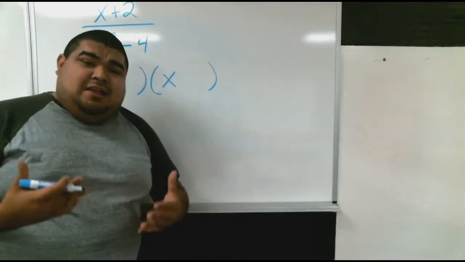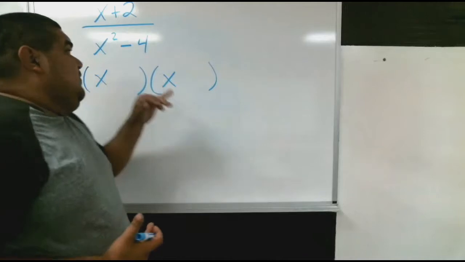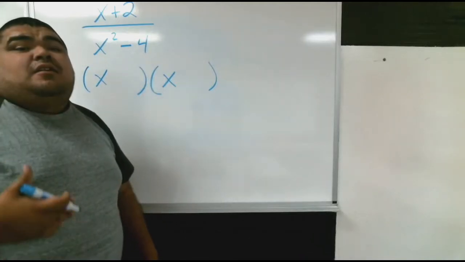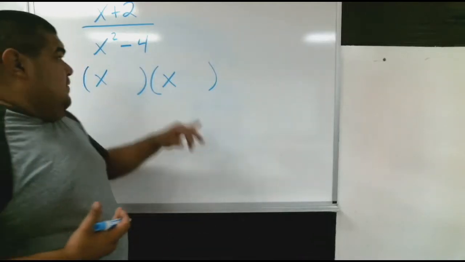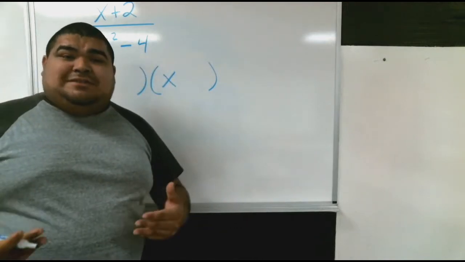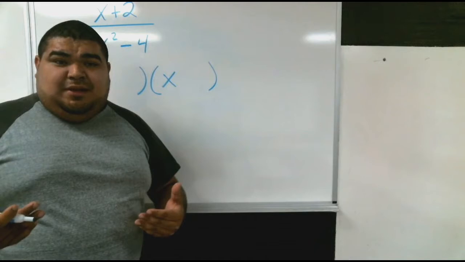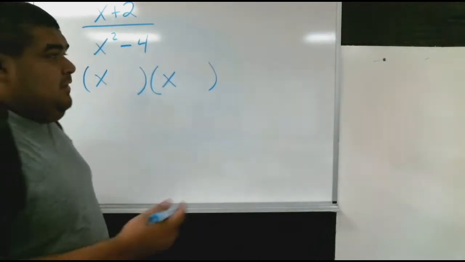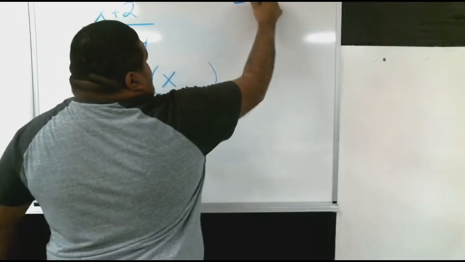The way we cancel out that b in every problem where you have something like this, okay? Get the number from the end and break that down into two numbers that are exactly the same number to multiply to get to that number. In this case, we have negative 4.